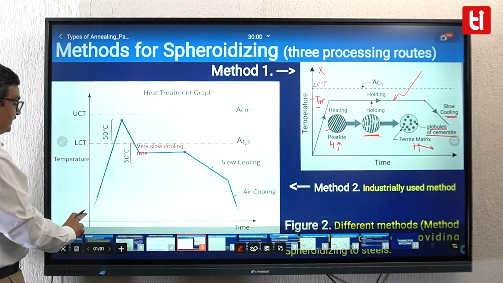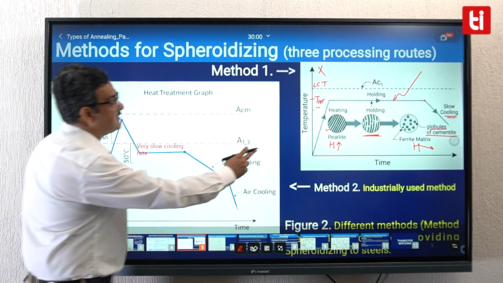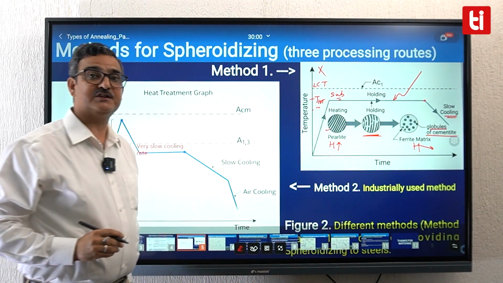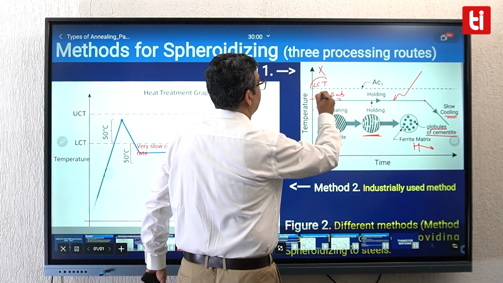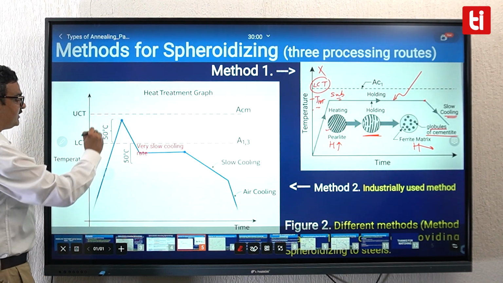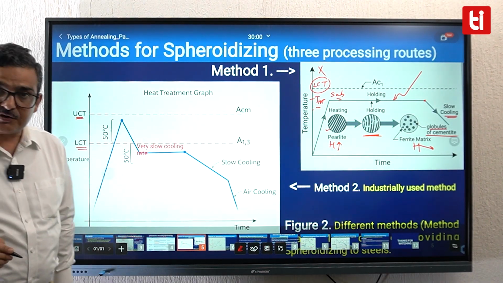That is exactly the same what we'll deliberately do over here. So now this case was subcritical annealing because annealing temperature was lesser than the lower critical temperature. Students, this is an intercritical annealing because the annealing temperature is in between the lower critical temperature and the upper critical temperature of the steel.